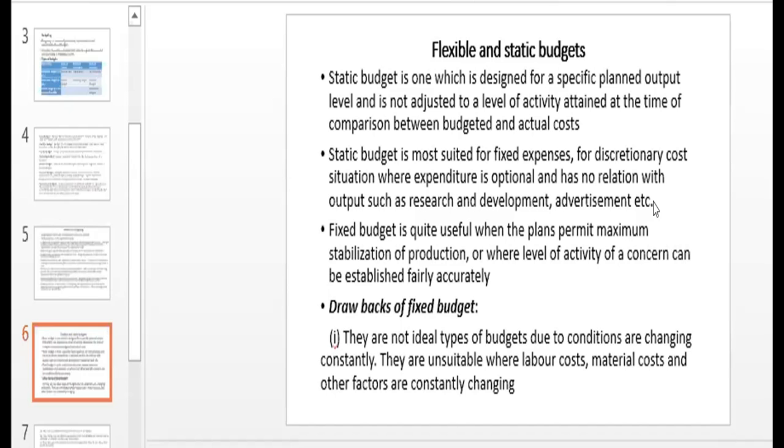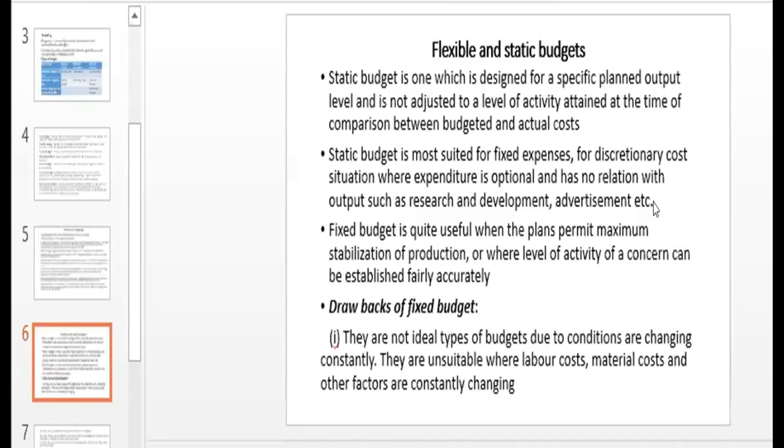Research and development. You cannot realize its benefits until the output is there. For example, opening a branch: until I open the branch and start operating, and again, it's not immediately after that, until I've been operating there for some time, that's when I realize the benefits of research and development of opening a branch there. So these are the nature of static budgets.